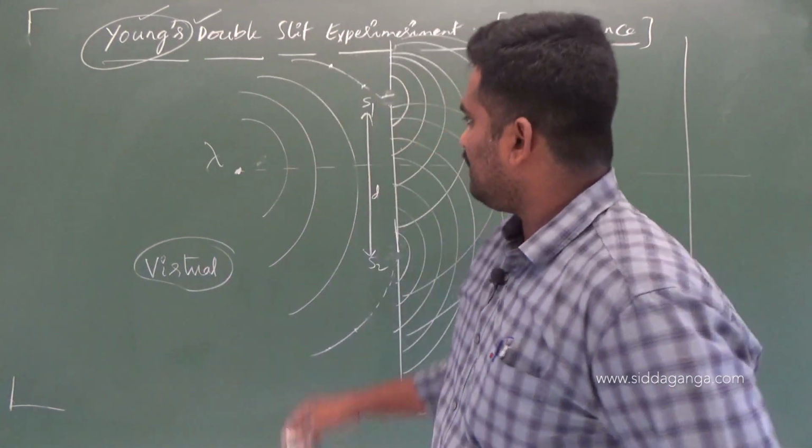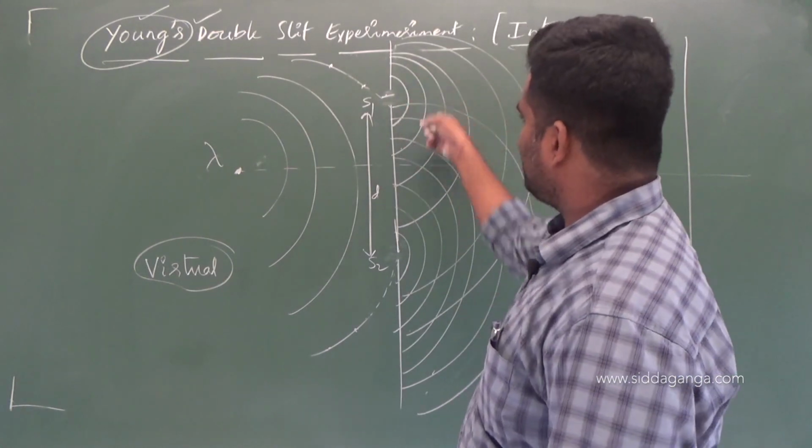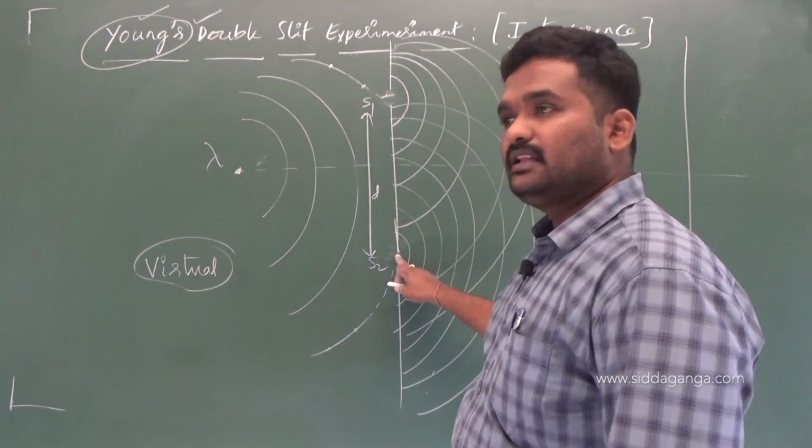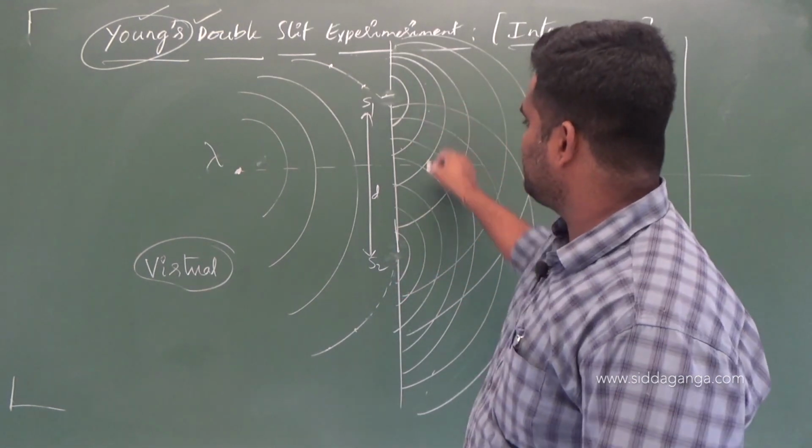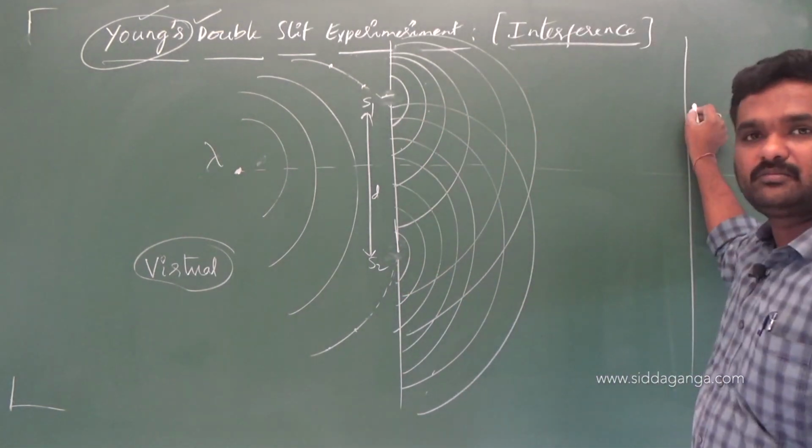All the wavefronts we are seeing from these two slits are primary wavefronts. Only when these two primary wavefronts superpose will an interference pattern be formed on the screen.